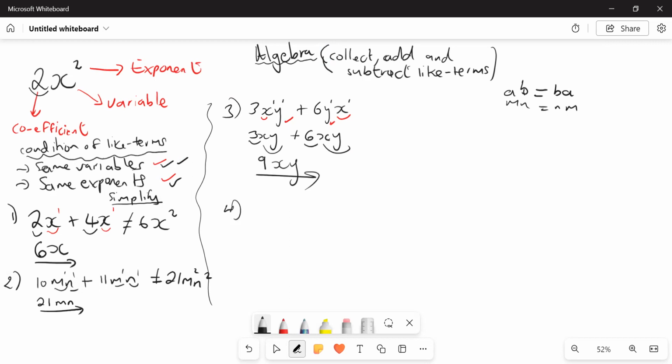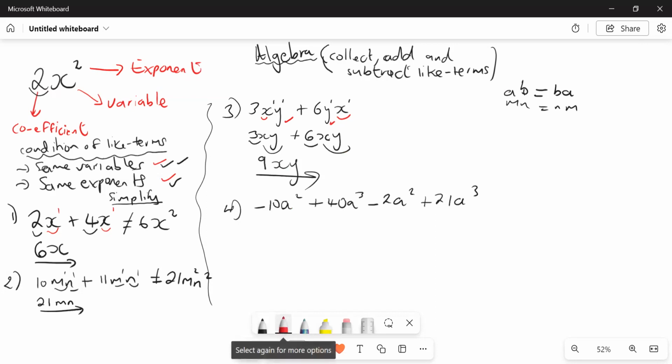Example 4. Let's try to make it quite interesting. We have negative 10a squared plus 40a cubed minus 2a squared plus 21a cubed, right?